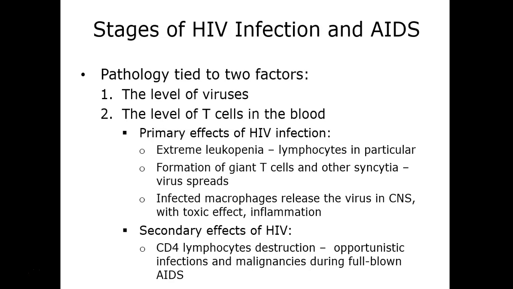Secondary effects are ultimately the damage of those CD4 cells, which can result in a whole slew of opportunistic infections and cancers that leads to what we call acquired immune deficiency syndrome.